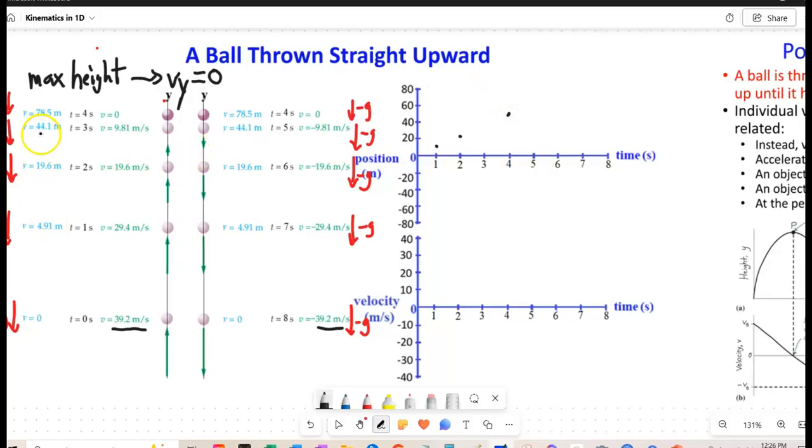And at the fourth second, it's at 78. Let's try this again. This is 20. This is 44. This is 78. I think these are spaced out. I'm doing my best. And then it's going to go back to here.